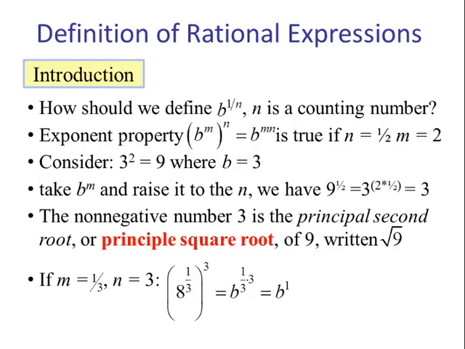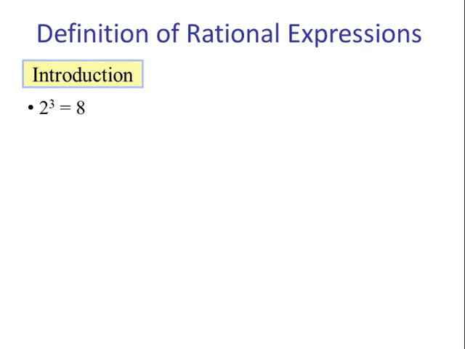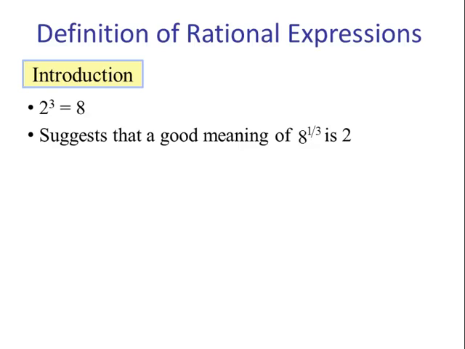Well, 1/3 times 3 is 1, so b to the 1st power is equal to b. So we know that 2 to the 3rd power equals 8. So this suggests that a good meaning of 8 to the 1/3 power is 2, because if I take 2 and cube it, I get 8, and if I take 8 and take the 1/3 power of it, I get back 2.